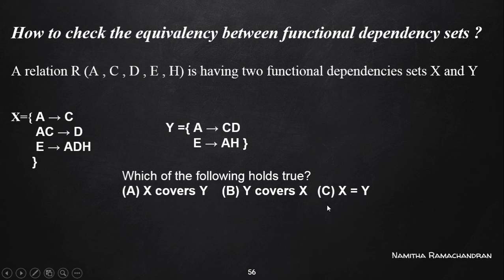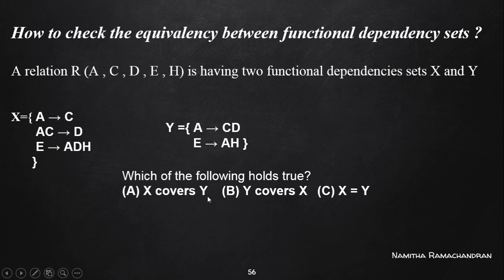Now we can consider another change. That means if you are given an option like this, for the same previous example, the options are like this: A, X covers Y, B, Y covers X, and C, X equal to Y. What is the meaning of this? X covers Y means X is the superset and Y is the subset.